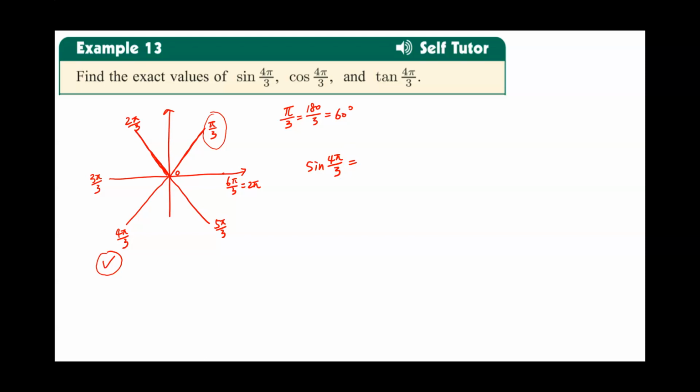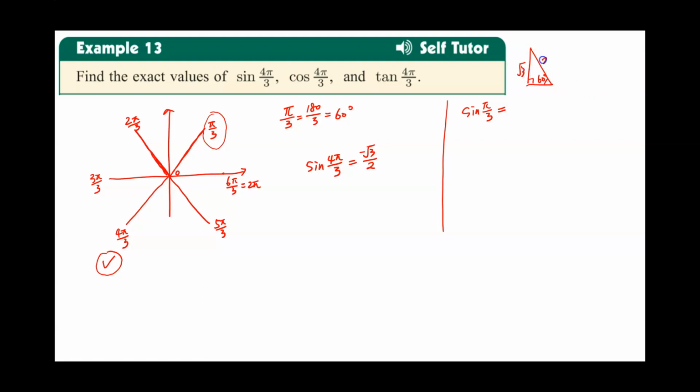With sine pi on 3, sine is negative root 3 on 2. If you like, you can actually write these too, sine pi on 3. Remember that special triangle, that would be 60 degrees.